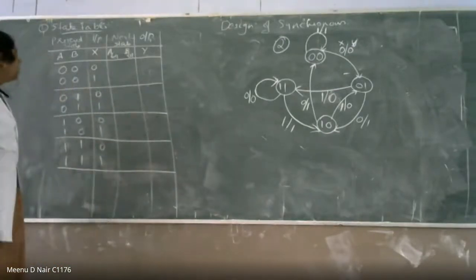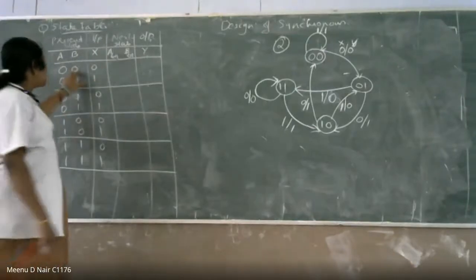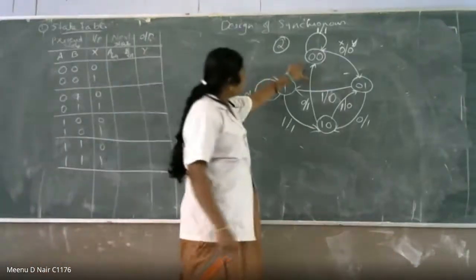Now we will see what A(t+1) and D(t+1) are for 0 0 0.